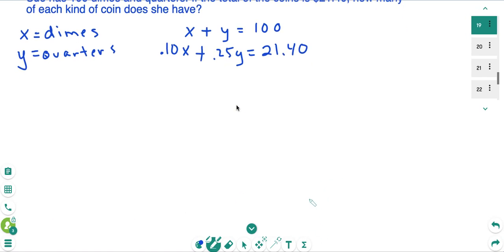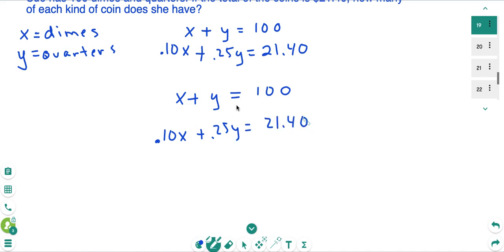The first thing I'm going to look at is getting rid of my decimals. I'm going to bring my equations down: x plus y is equal to 100, and 0.10x plus 0.25y is equal to 21.40.